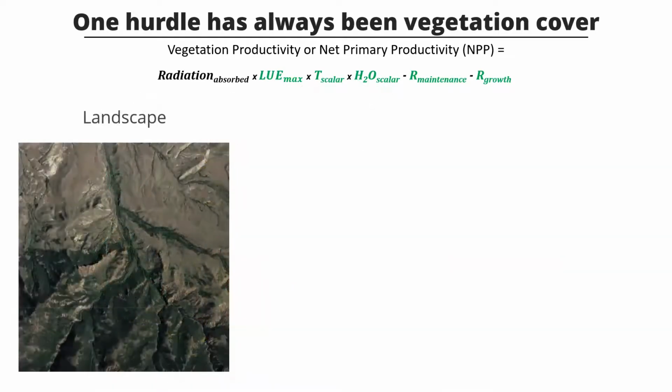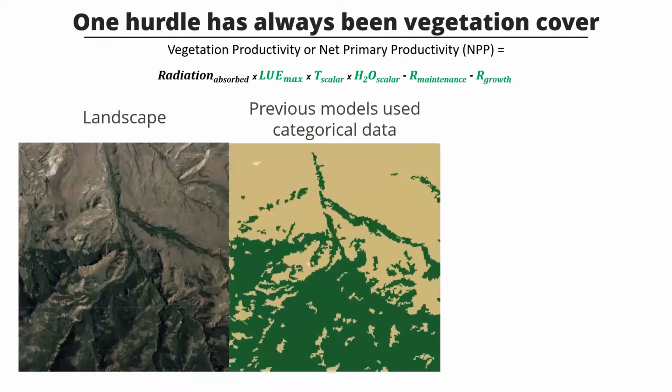With the RAP, we take a complicated landscape like this one in northern Wyoming, where the previous model would have said, oh, this area is all trees, this is all shrubland, and this is some grassland here.